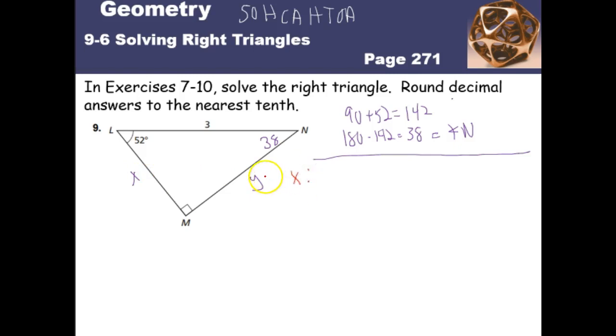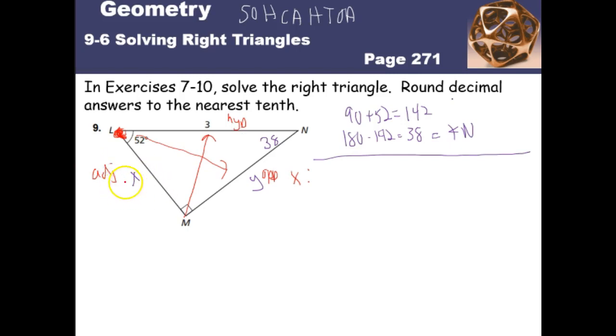So to find x, I need to put my dot on the angle that I know. And that's the 52, and the side across from that would be this side over here, y. So that's the opposite. And to find the hypotenuse, I draw a line through the right angle, and then that makes x the adjacent.